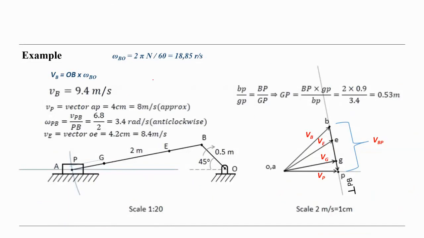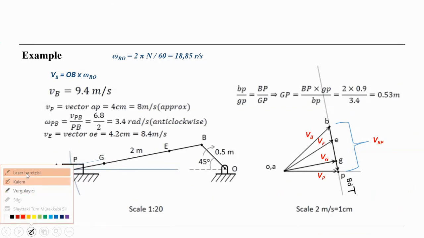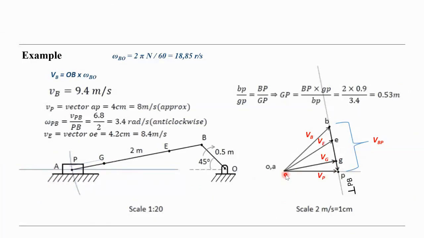Let's use the laser pointer here. Our VP is already shown here, and this is the VB, the linear velocity of the point B, and this is the VBP here.